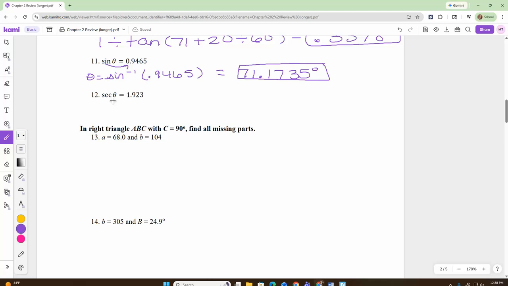All right, we don't have a secant button. A lot of people had trouble with this one yesterday because they were moving it over and then trying to do 1 divided by cosine inverse and getting errors on it. Before you can do anything, you have to rewrite this in terms of cosine. So that means cosine is 1 over 1.923.